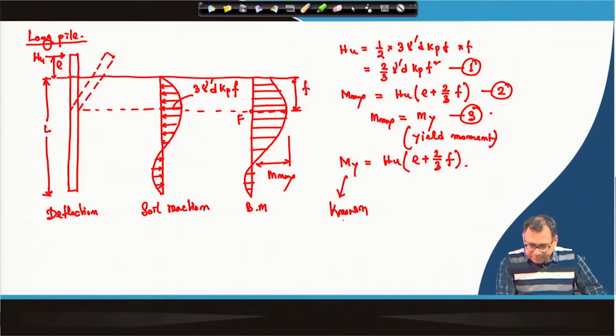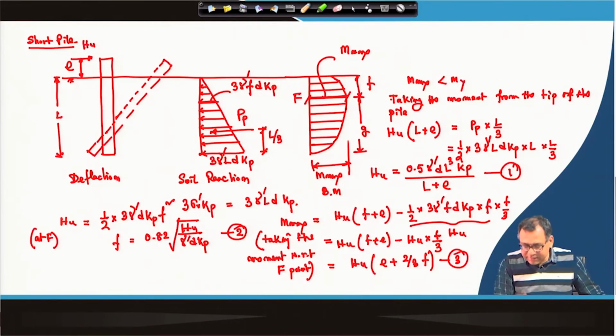So, that is the long pile and short pile case. So, now that means, if in case of short pile, if you have done the analysis for the short pile, and then once you calculate the M max, you find that M max value is greater than My, okay, then that means that will be a long pile.